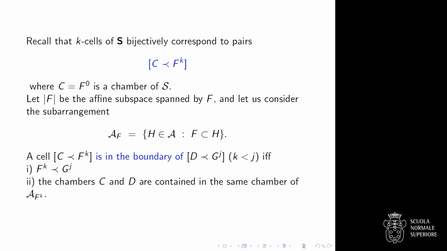Let's see this in our example. Okay, clearly for 1 cells, it's easy. We can easily see that in the boundary of this 1 cell, we have what? This 0 cell and this 0 cell. Okay. Is it clear for everybody? And how do we see this? Okay, what is in the boundary?